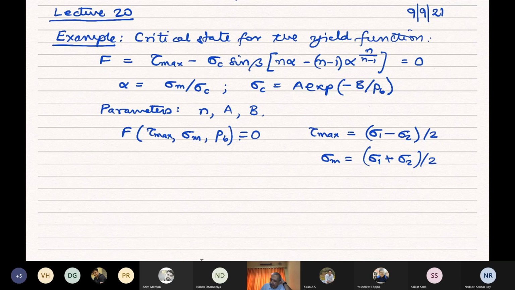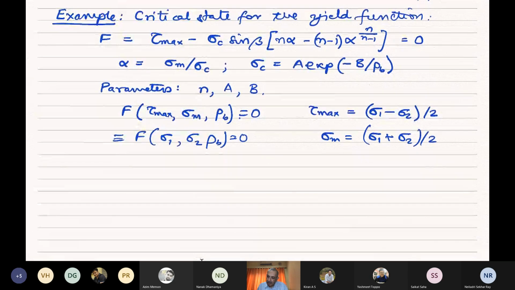So if we substitute like this in this equation, then what I've given you is exactly equivalent to f of sigma 1, sigma 2, rho b is equal to 0. So they are equivalent, only the nomenclature is a little different.